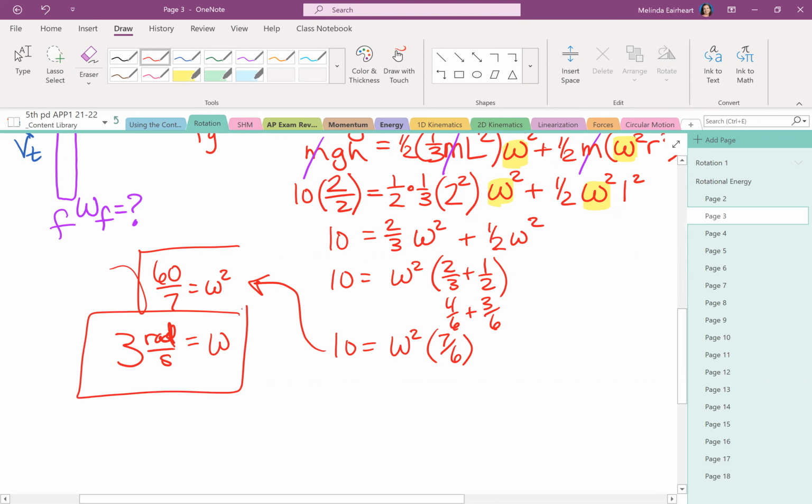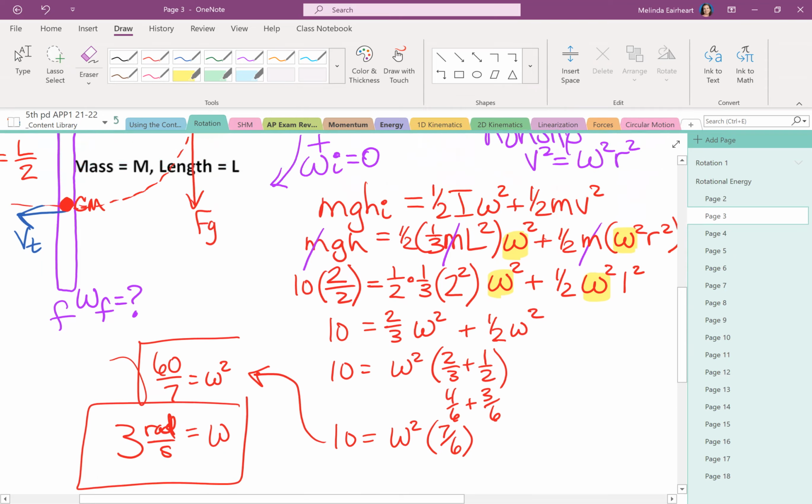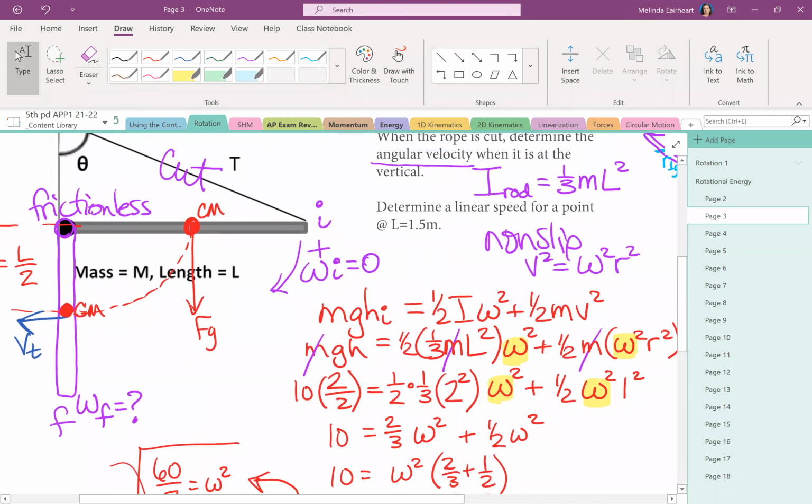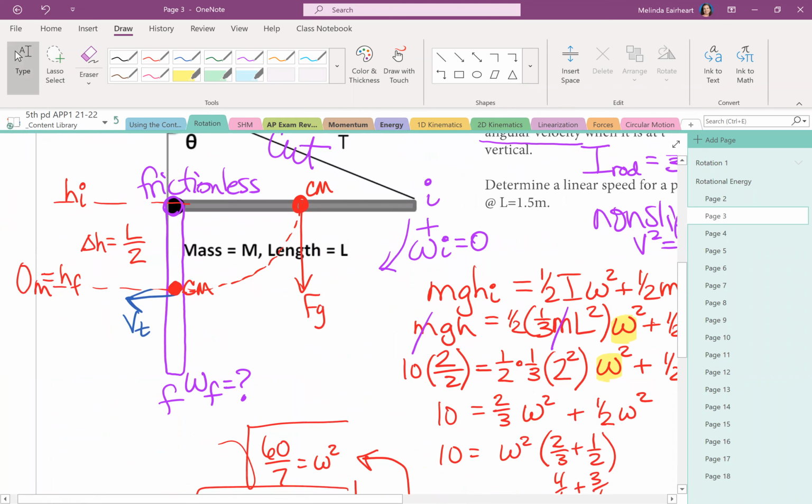Now they say, what's the linear speed for a point 1.5 meters from the hinge? And so we could figure out the tangent velocity of the center of mass, for the tip of the length of the rod, or pick some other spot. What color have I not used? Green. What about this spot?